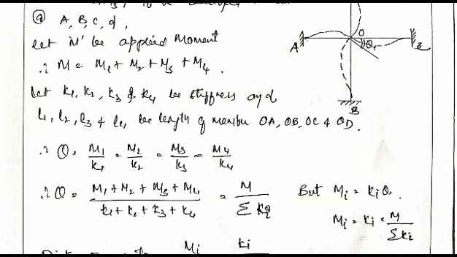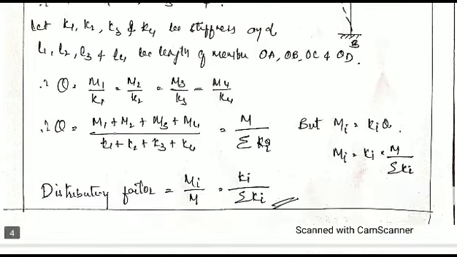But we know that the individual moment developed at one member equals the stiffness of that member times the rotation, that is Mi equals Ki times theta. Substituting the value of theta, M by summation of Ki, the distribution factor equals Mi by M, where Mi equals Ki times M by summation of Ki.